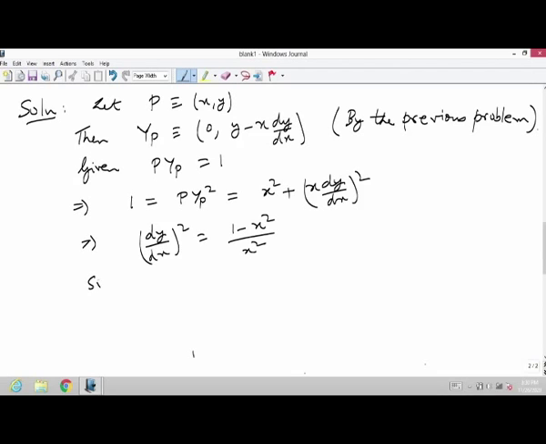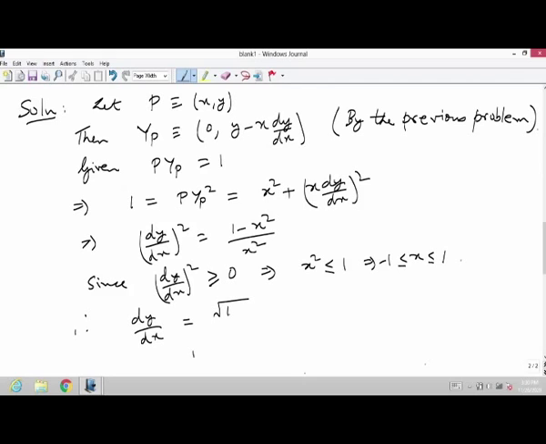Now, since we have square of dy dx, this has to be bigger than or equal to 0. This implies that x square must be less than or equal to 1, which means that x has to be between minus 1 and 1. Therefore, we will get that dy dx at any point on the curve is equal to square root of 1 minus x square divided by x with plus or minus signs.